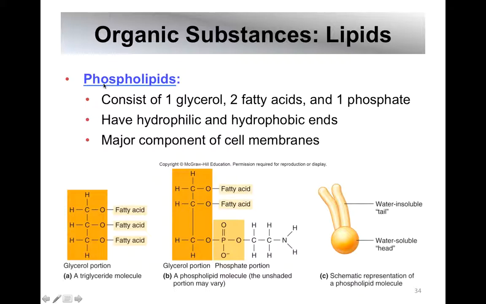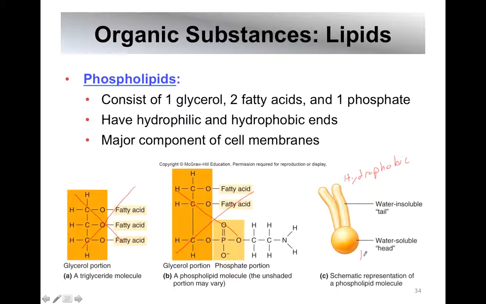Okay, phospholipids. You can ignore these two pictures for right now. Don't worry about these so much. Just look at this one. Phospholipids have hydrophobic tails and hydrophilic heads.